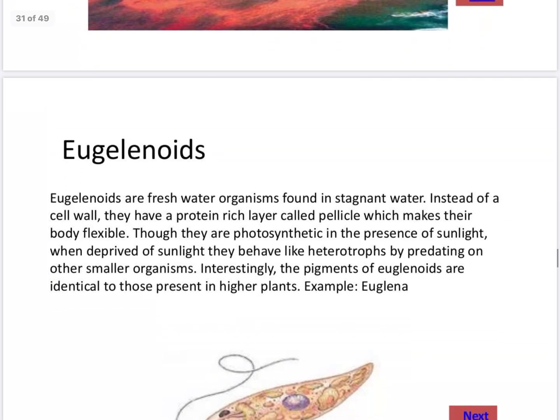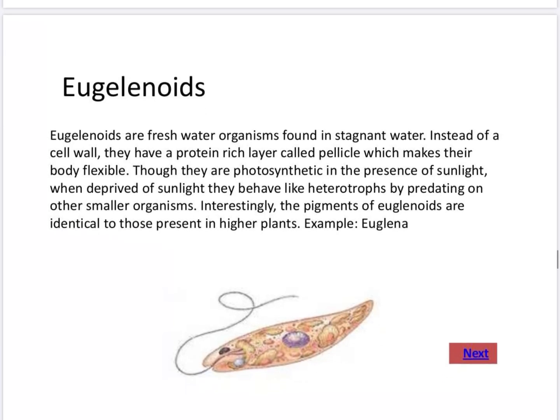Third, euglenoids. As the word suggests, euglenoids, Euglena, you must be familiar with it from junior classes. We can see them in freshwater habitats and damp soils. And instead of a cell wall, they have a protein-rich layer called pellicle. Remember this, pellicle, protein-rich, which makes their body flexible.